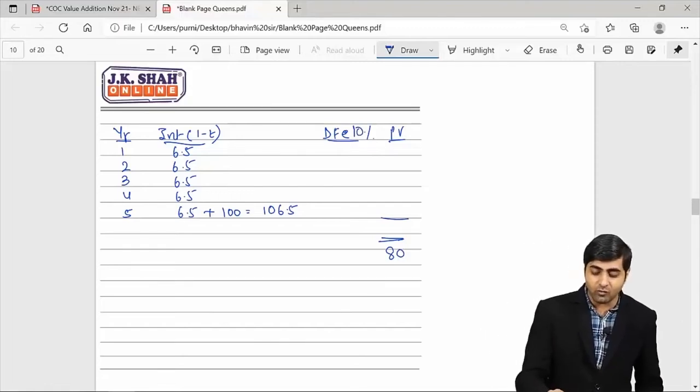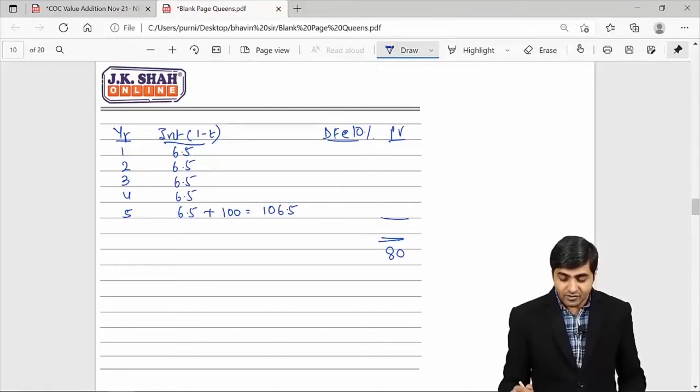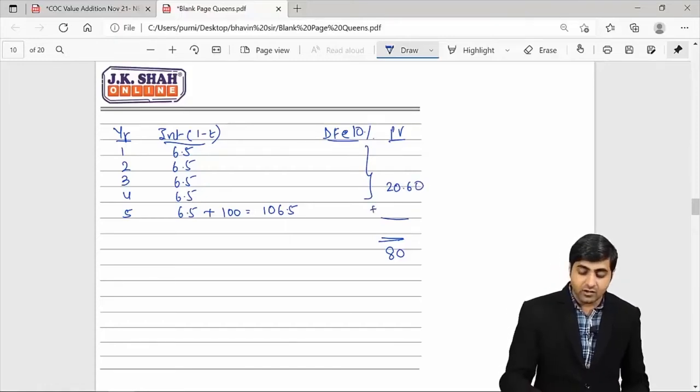So 1 divided by 1.1 to the power of 1, 2, 3, 4, and this I will multiply by 6.5. So this will now give me my present value of 20.60 plus 1 divided by 1.1 to the power of 1, 2, 3, 4, 5. This I will multiply by 106.5.